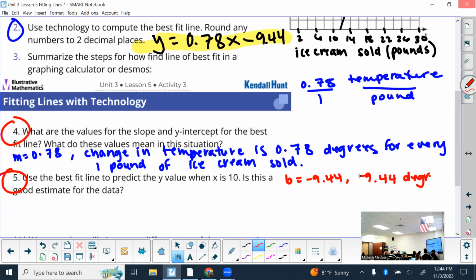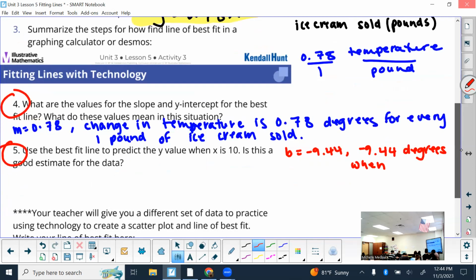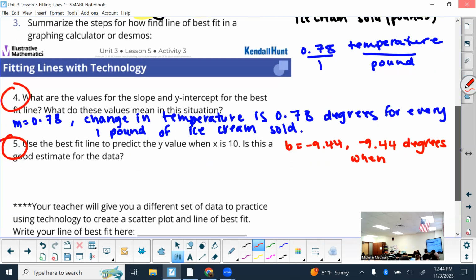when what happens? So when you want to try to tell me the rest of it? So we know that it's negative 9.44 degrees when what happens with the other variable being compared.